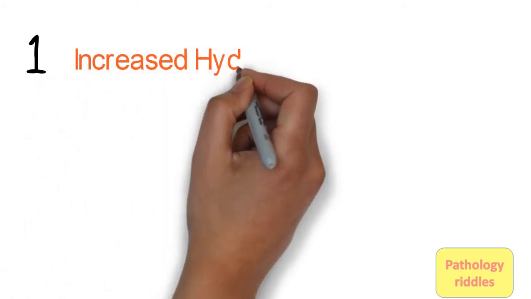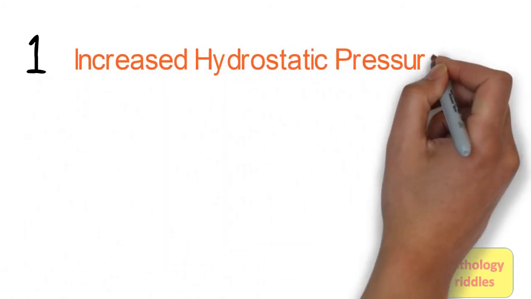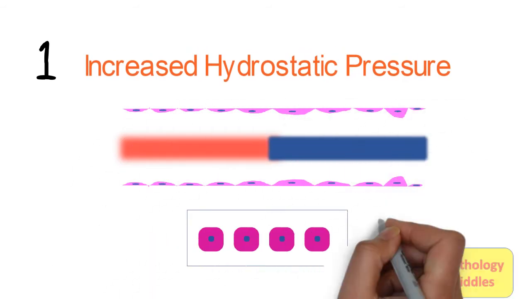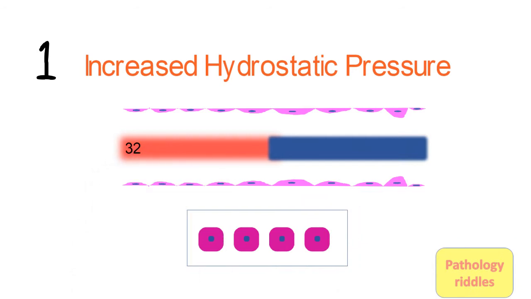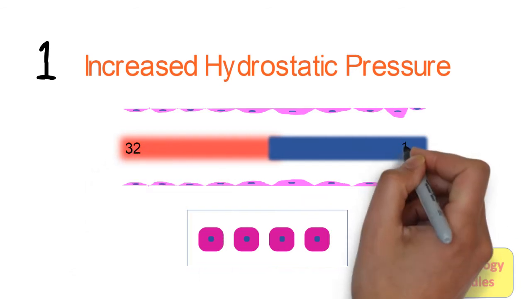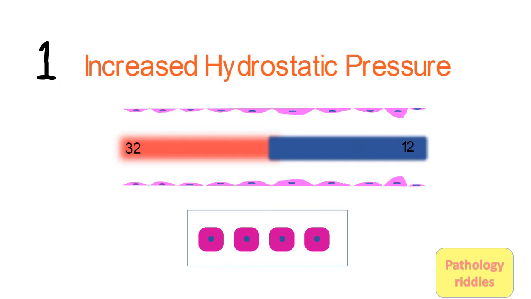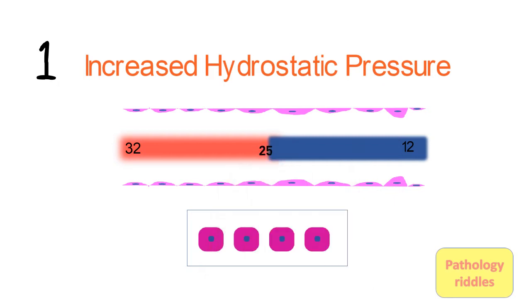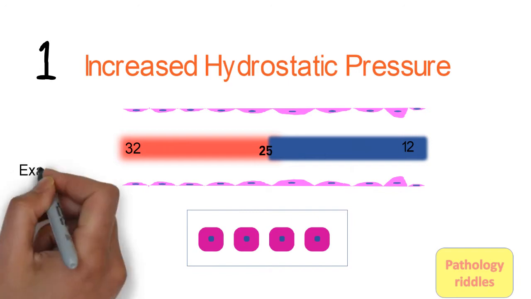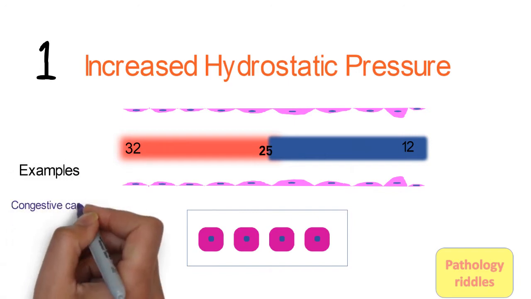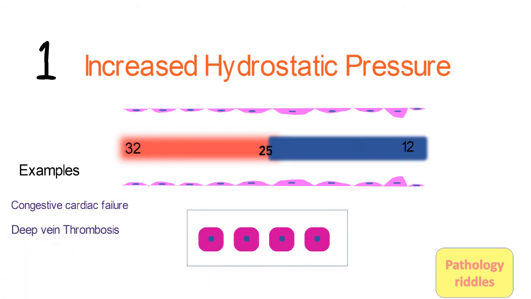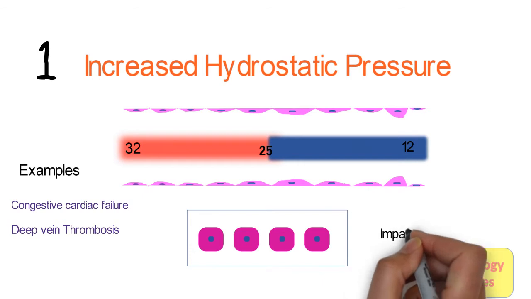Mechanism 1. Increase in hydrostatic pressure. We have seen that hydrostatic pressure at the arterial end is around 32 mm of mercury and that at the venous end is around 12 mm of mercury, while the capillary osmotic pressure is around 25 mm of mercury throughout. In cases of congestive heart failure or deep vein thrombosis, the venous return to the heart is impaired.